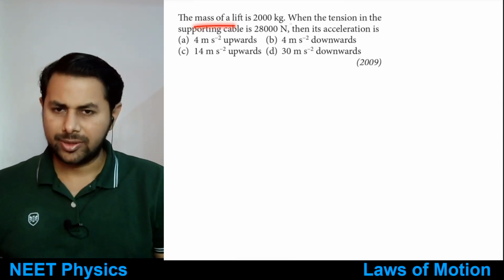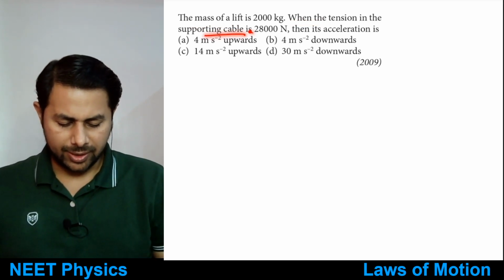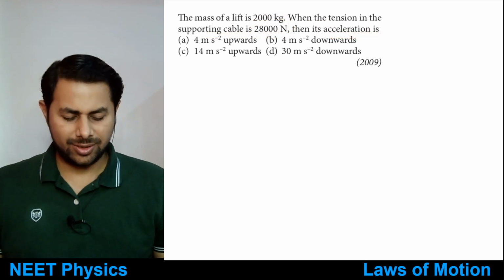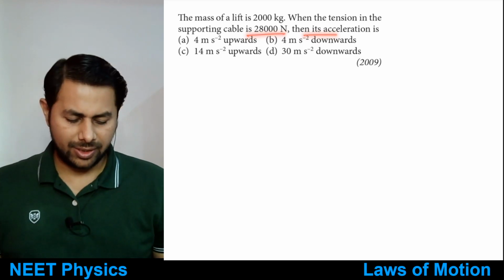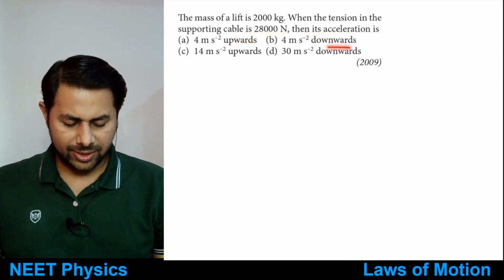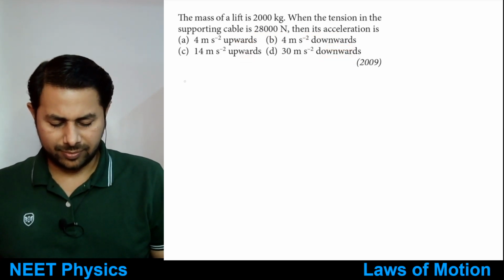The mass of a lift is 2000 kgs. When the tension in the supporting cable is 28,000 Newton, then its acceleration is. Then there are some options with upwards acceleration, some with downwards acceleration. So you need to consider something.